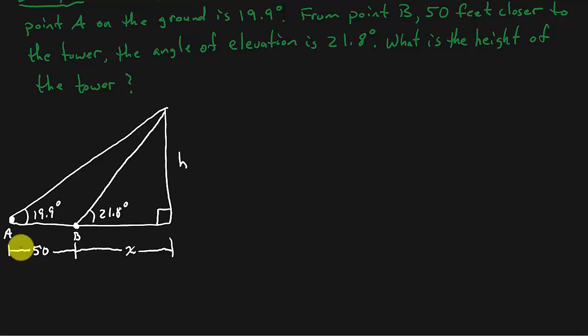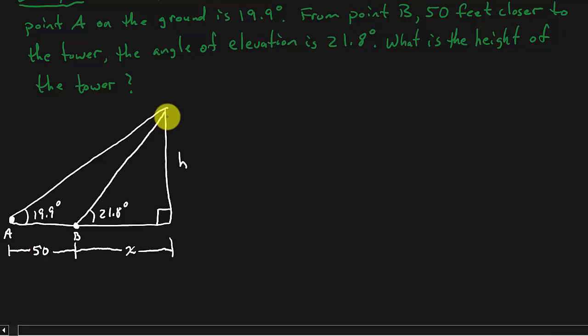So how are we going to do this? Well, if you look at this, do you see two right triangles here? We have this right triangle here, and then we have this bigger right triangle right here.